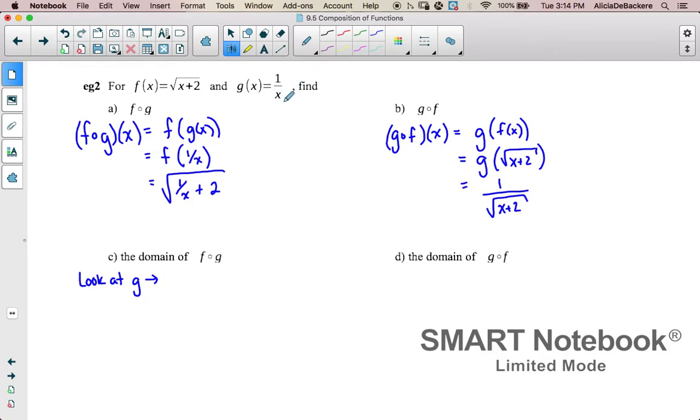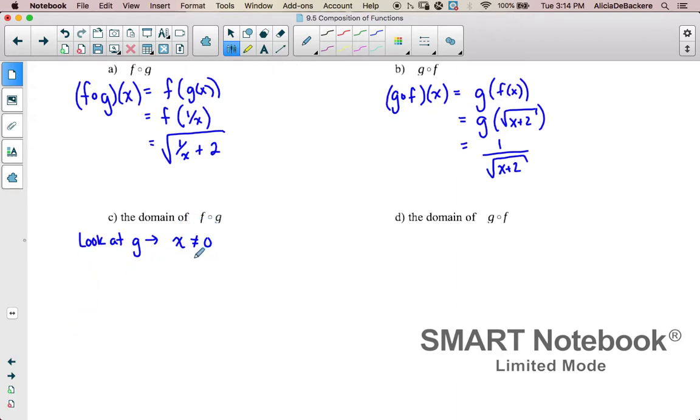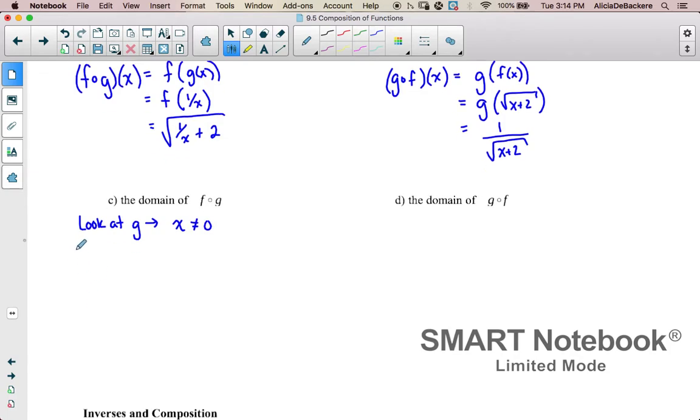And the domain tells me that x cannot be equal to 0. This is just my rough work, so I'm not going to worry about writing that x belongs to the set of real numbers and all that, because right now I'm just trying to piece it together. So I've looked at that, so I'm going to remember that x cannot equal 0. I can't plug that in. And then the next thing I'm going to do is look at the actual equation for f of g.